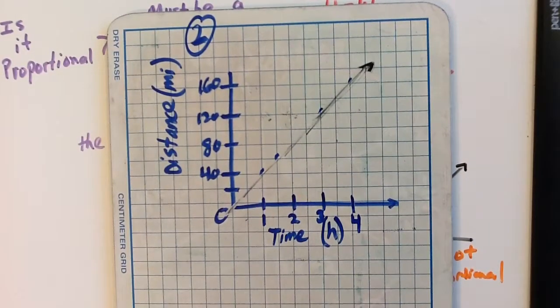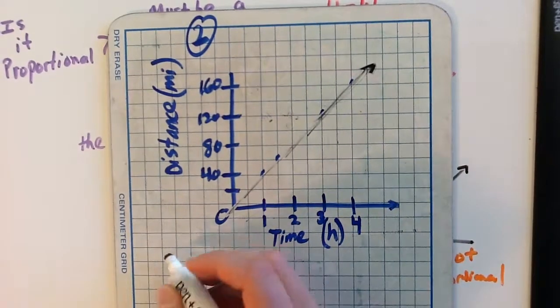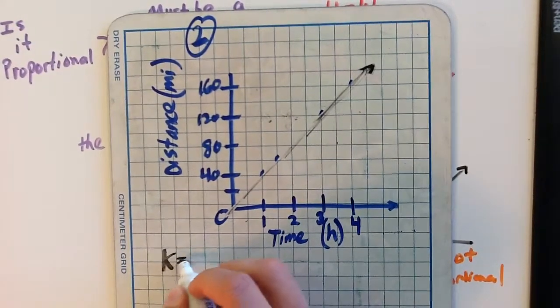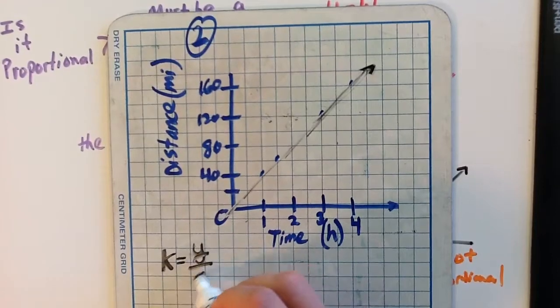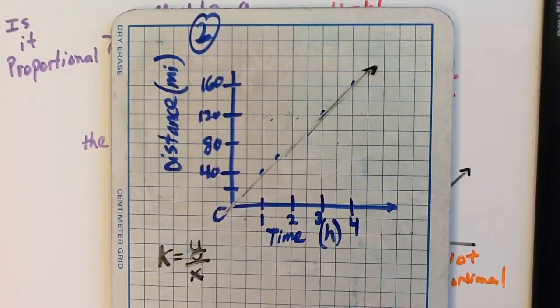And if it goes through the origin, it can potentially be proportional if it has a constant of proportionality. So how are we going to check that? Well, we've already said that to get the k, you would take the ratio of the y values to the x values. So let's see if we take our y values and divide them by the x values. Let's see if there is a k, if there is a constant of proportionality.